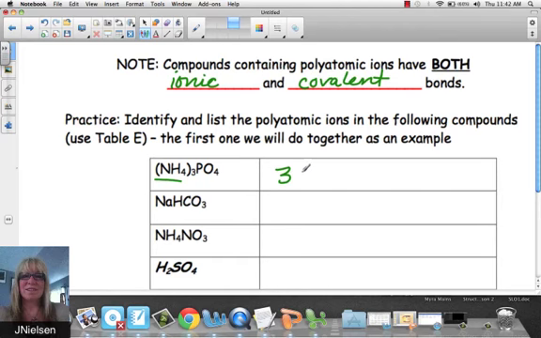So I have 3 NH4 plus. And I have a phosphate, which is going to be PO4 3 minus. So I want you to pause me. I want you to try to do the rest, and then I want you to check your work. You're using table E to do this.